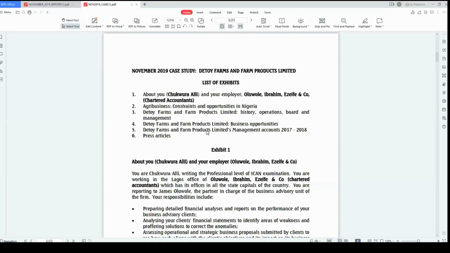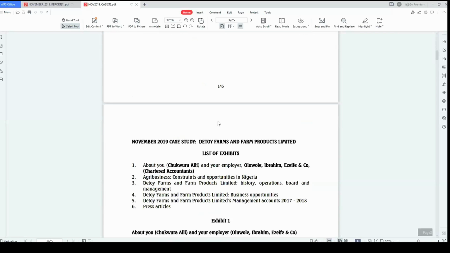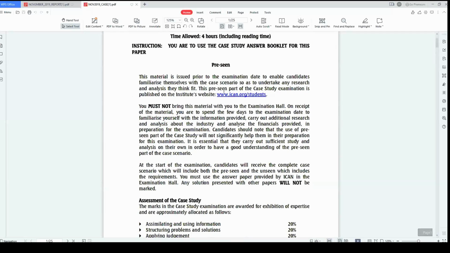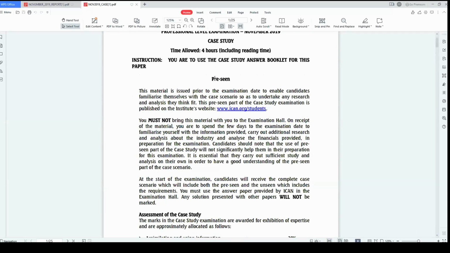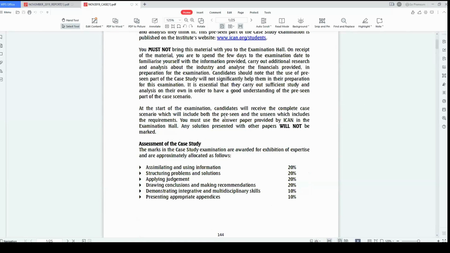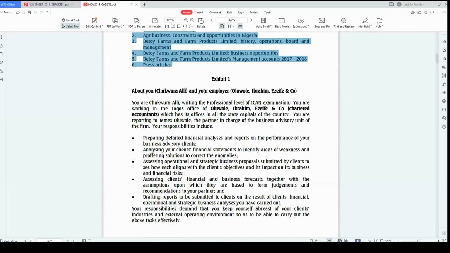So this is the pre-seen that will be given to you before the exam. This is how it will look. And for this case now, we have about 6 exhibits. Okay, so we are going to be reading it exhibit by exhibit.